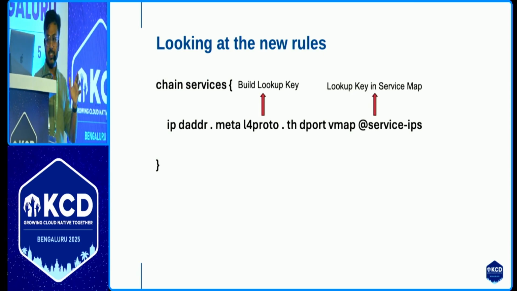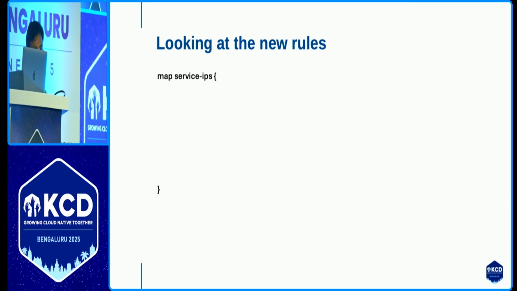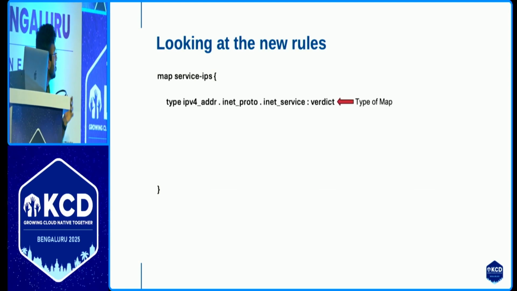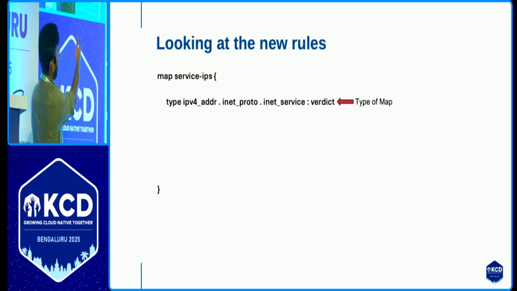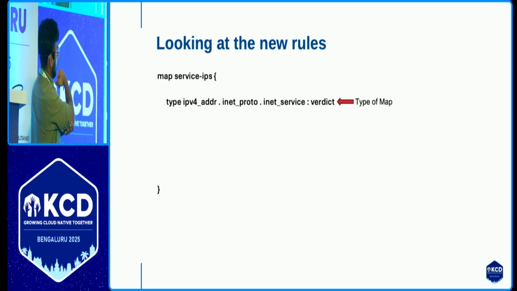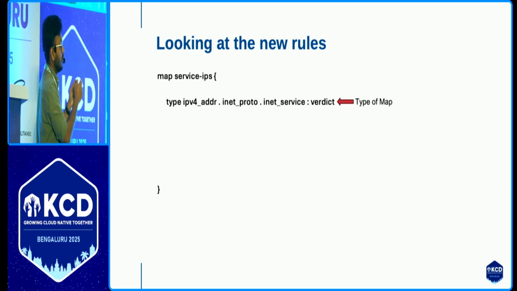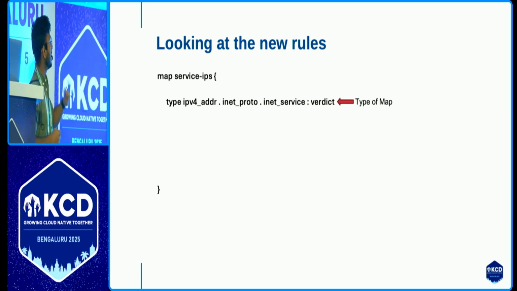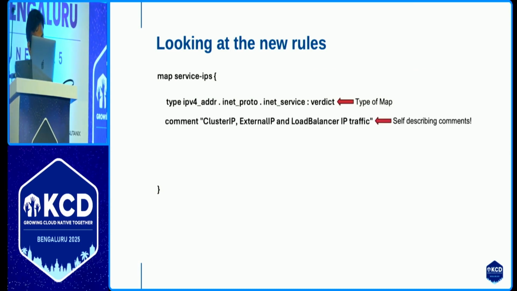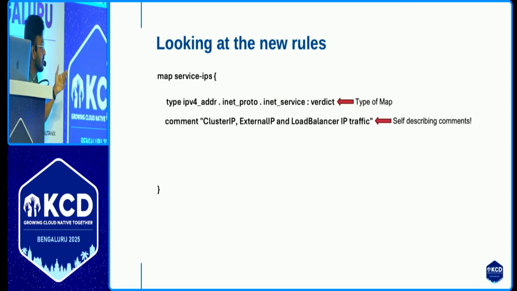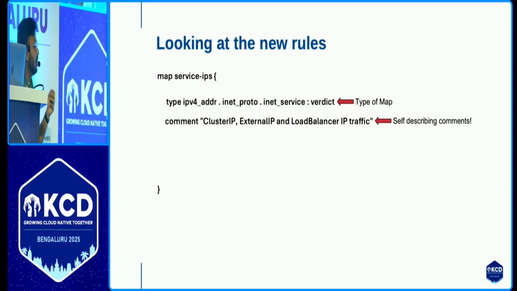So now let's take a look at what this verdict map is. First, we define the type of the verdict map. We have our key, the concatenated IPv4 address, protocol, and the service port, with the value, which is the verdict. That is the action that NFTables needs to take for handling your network packet. Then you have your self-describing comments, making it much easier to understand what different maps and sets are all about.